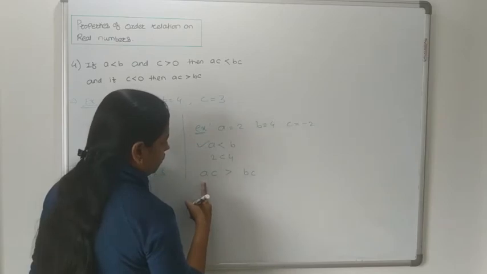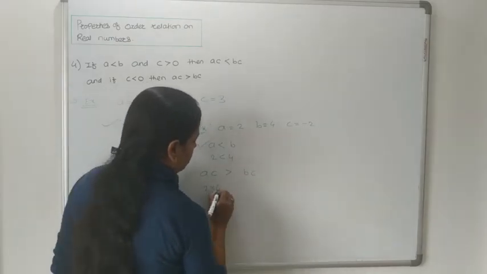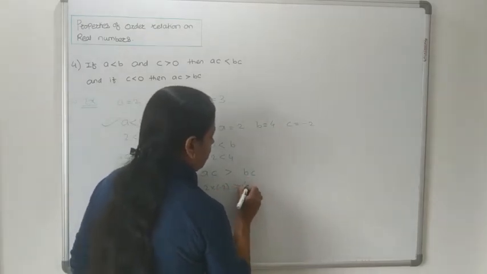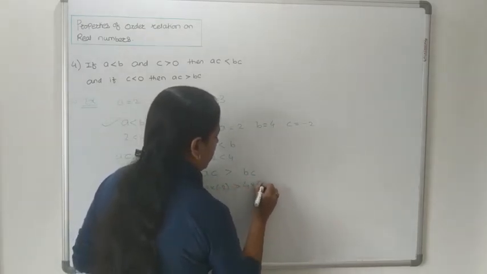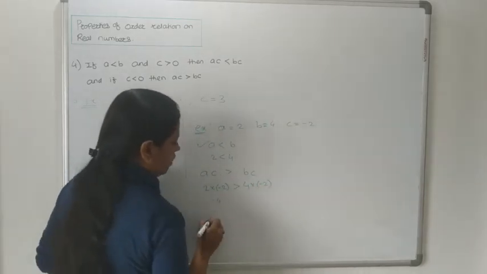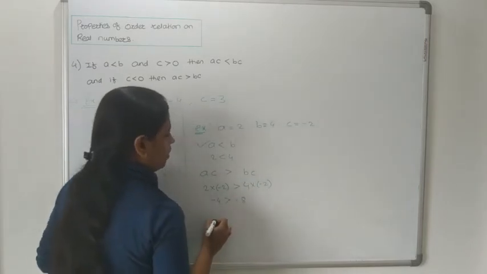So what is the value of A here? That is 2. C's value is minus 2. Is greater than. B's value is 4 and C's value is minus 2. 2 times minus 2 is minus 4, is greater than 4 times minus 2, which is minus 8.